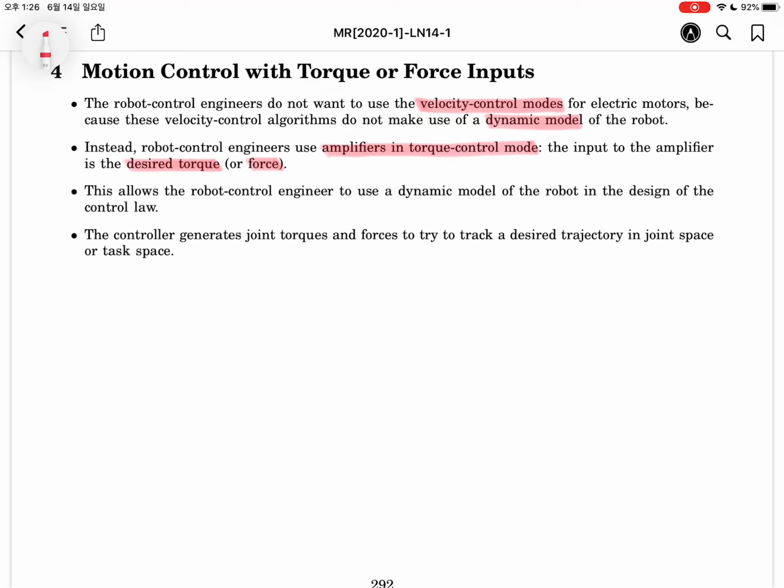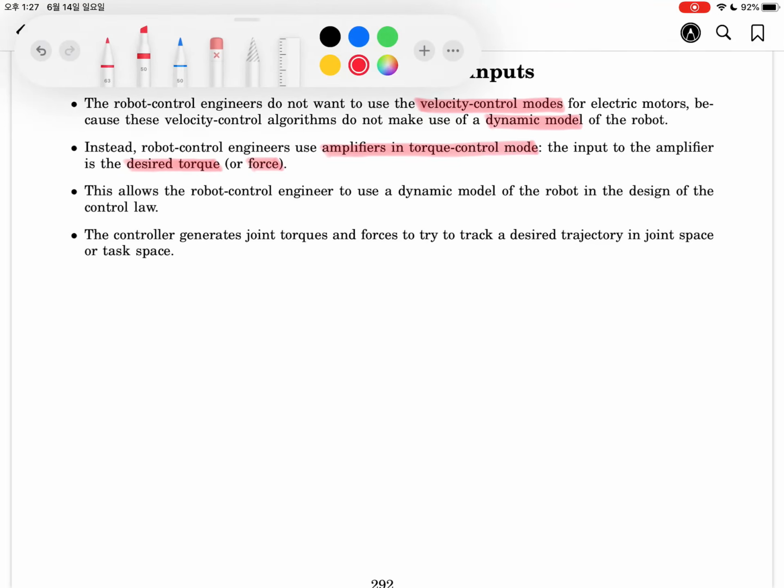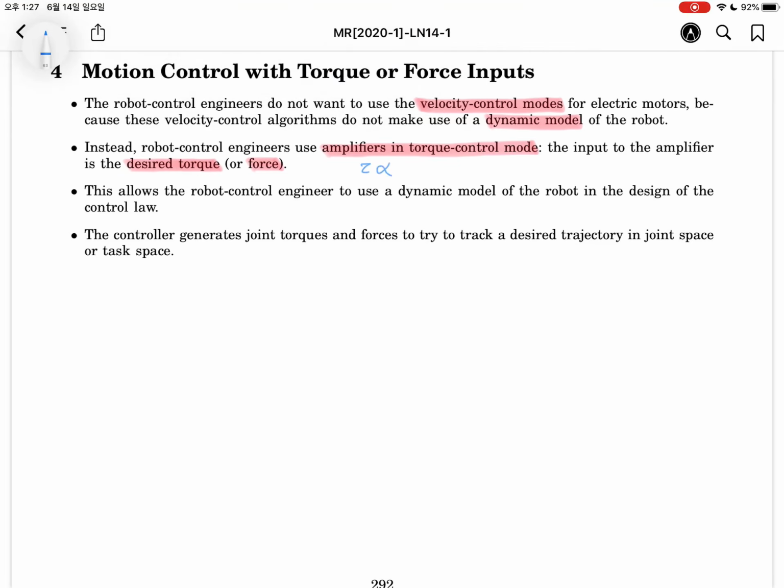Actually, this torque and force is applied using electric current, because electric current is proportional to the torque, with the proportional constant being the torque constant. Maybe you know that. Torque is proportional to electric current, and the proportional constant is the torque constant.